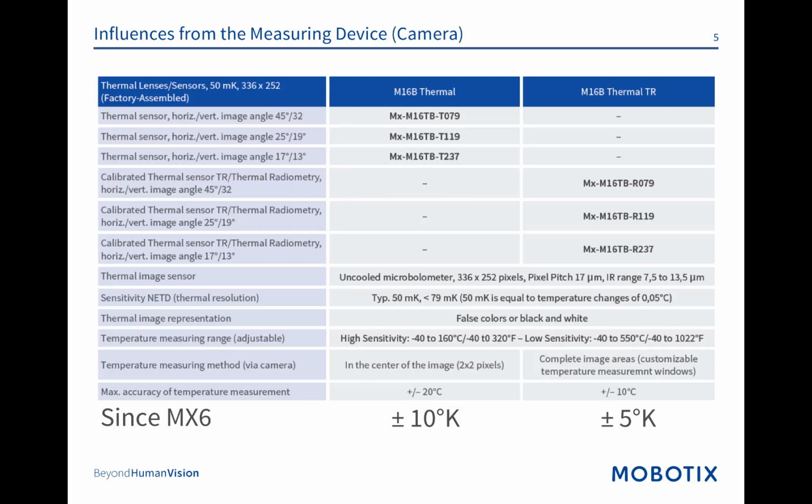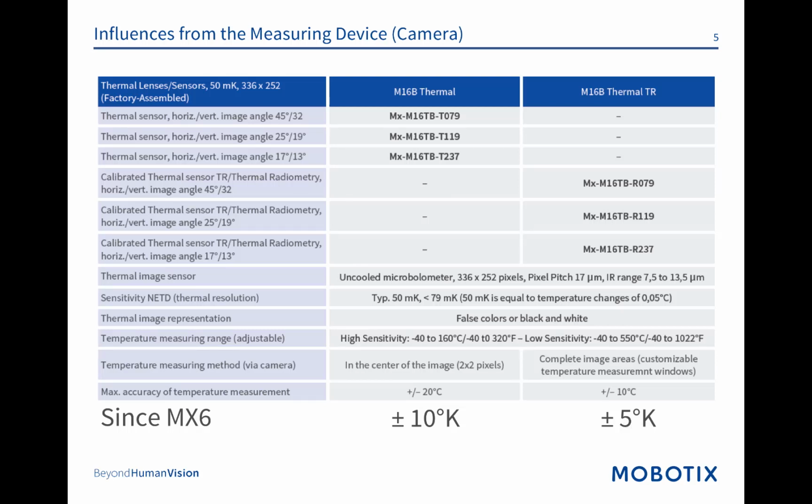But meanwhile, since we have the MX6 cameras and since we have better sensors also in these cameras, we can say that since we have the MX6 generation cameras, we have new thermal sensors with higher accuracy, and this means that the standard sensors have an accuracy of plus minus 10 degrees Kelvin, and the thermal radiator has even an accuracy of plus minus 5 degrees Kelvin or Celsius.